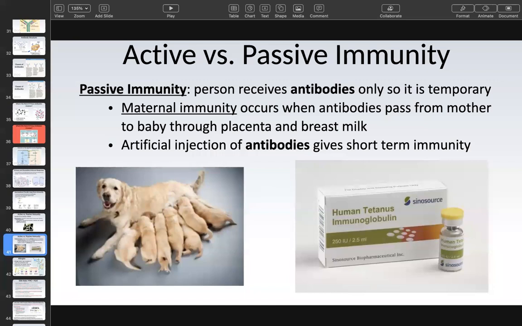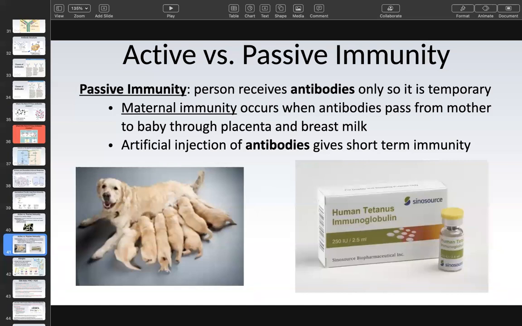Maternal immunity falls into this category, and this explains why the CDC and WHO recommend breastfeeding only for at least the first 6 months of an infant's life, because not only does breast milk have a specific nutritional blend for the infant, but it also offers antibodies that are passed through breast milk, and they also pass through the placenta.